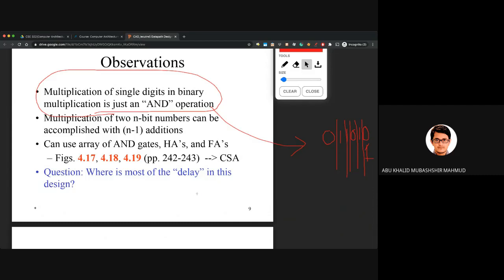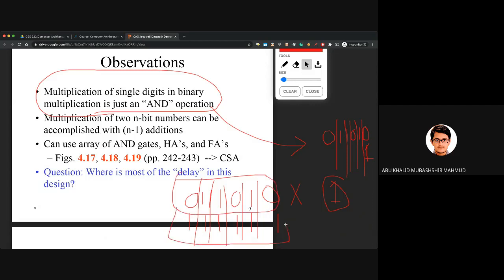So when 0, 1, 1, 0, 1, 0 is multiplied by a bit 1, every bit of the multiplicand performs an AND operation with this bit, and we get the result.